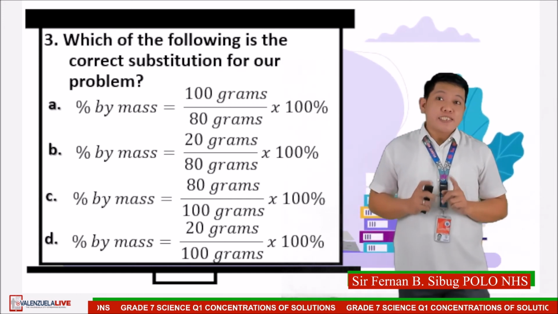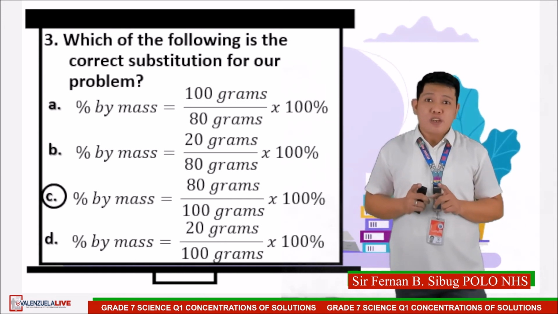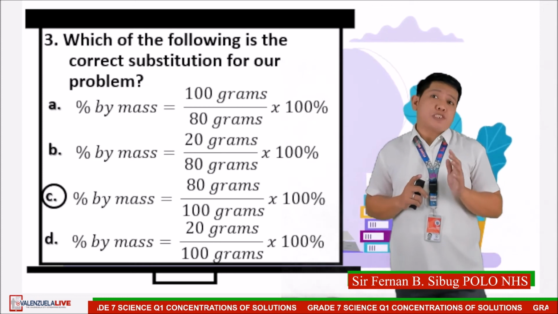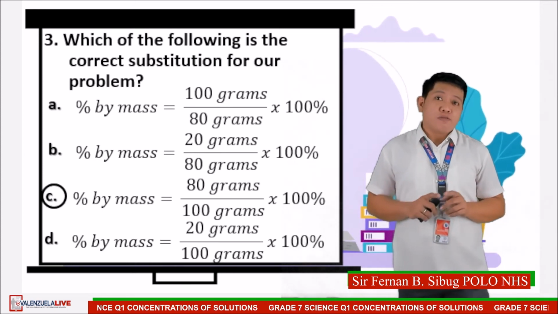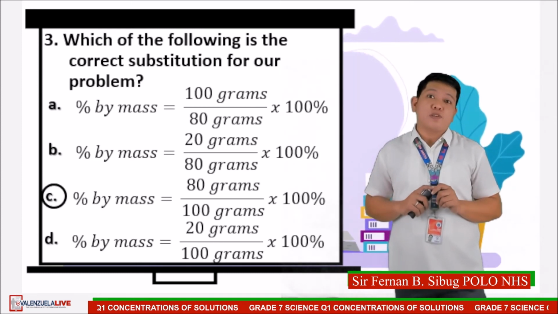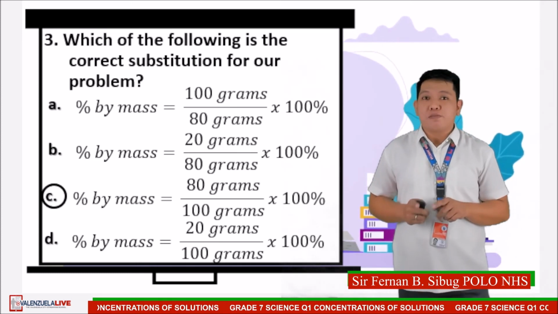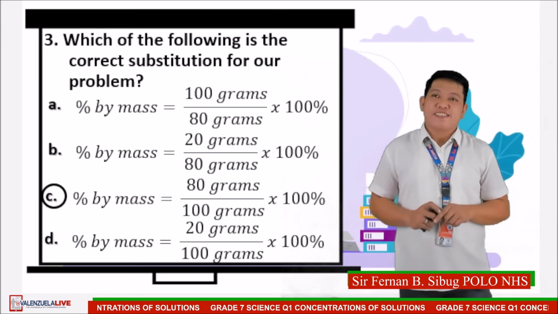Okay, the correct answer is letter C. From the formula from the previous question, which is percent by mass is equal to the mass of solute, which is 80 grams, and the mass of the solution, which is 100 grams, multiplied by 100%.